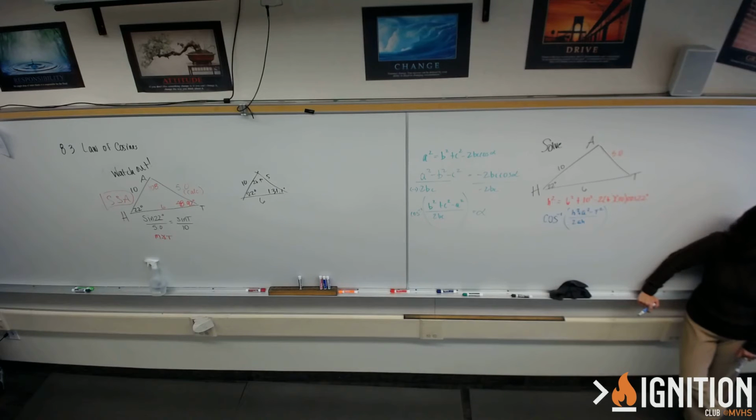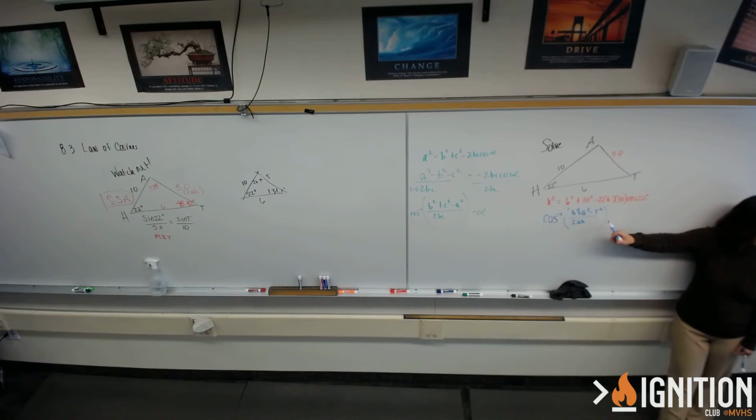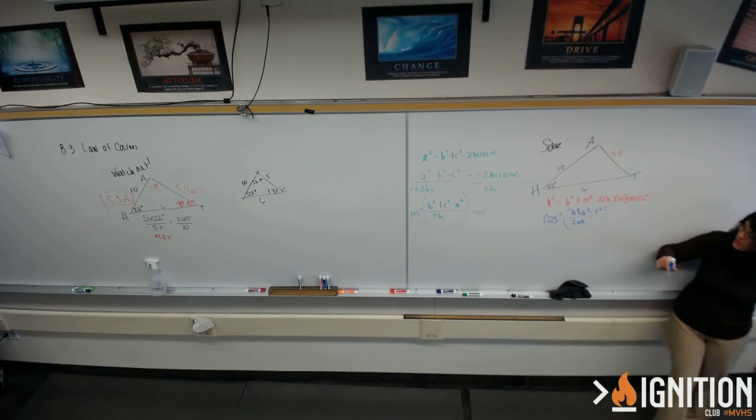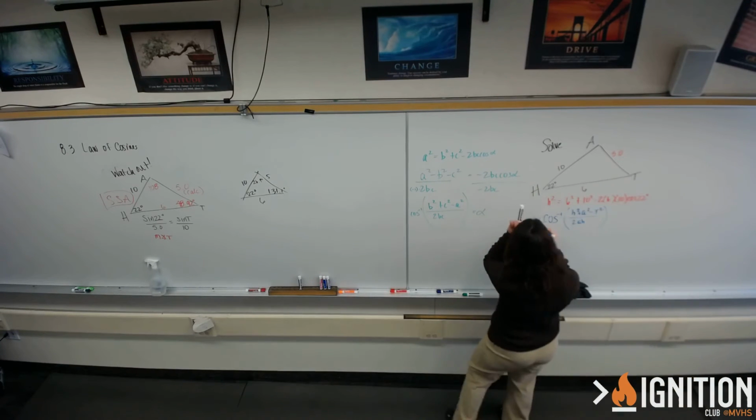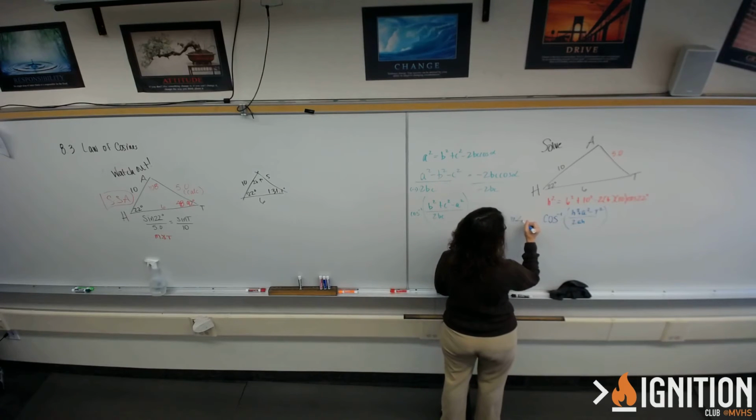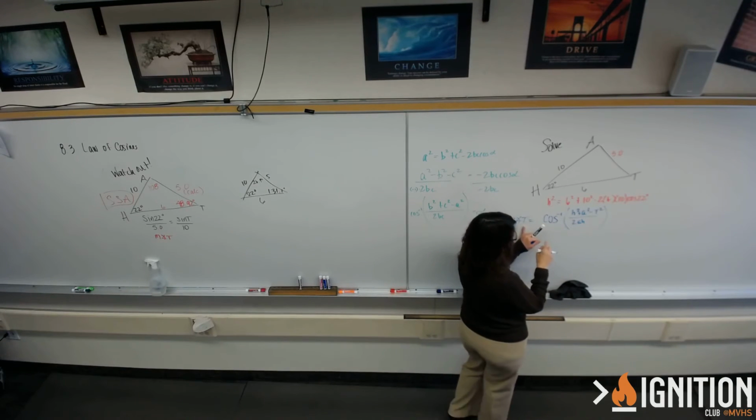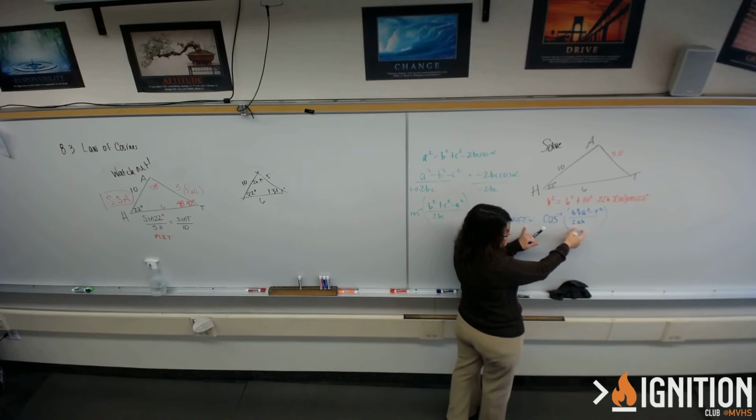How do you calculate the angle? How do you get this? Which angle? I decided to find T, you guys wanted to find T. So the other two sides have to go to the denominator. I'm finding T. That means side A and H go in the denominator.